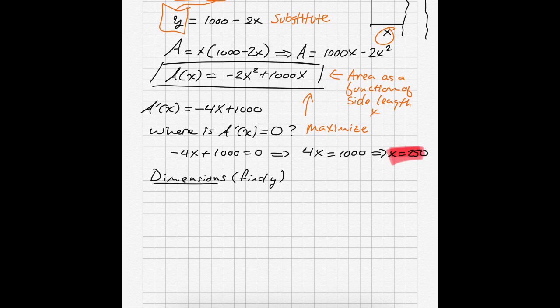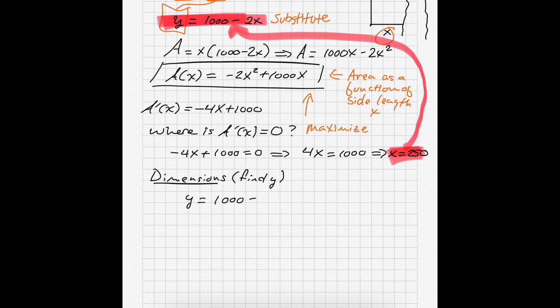So what if I go back and use this equation here, just substituting my x in there? Wouldn't that just be y is 1,000 minus 500, 500? In other words, remember, my 3 sides have to add up to that 1,000 feet of fencing.